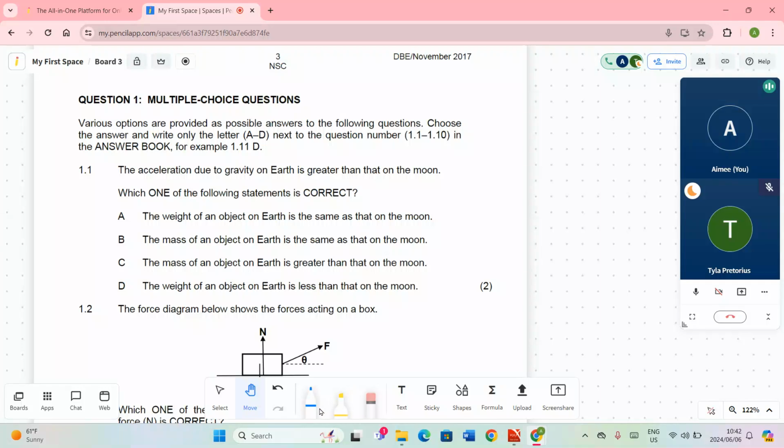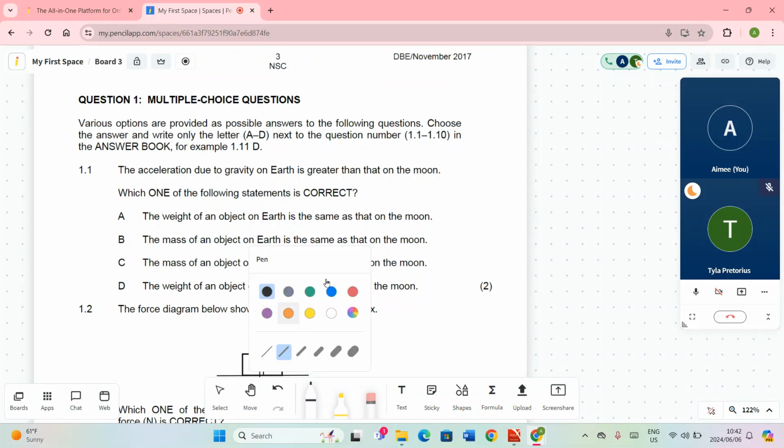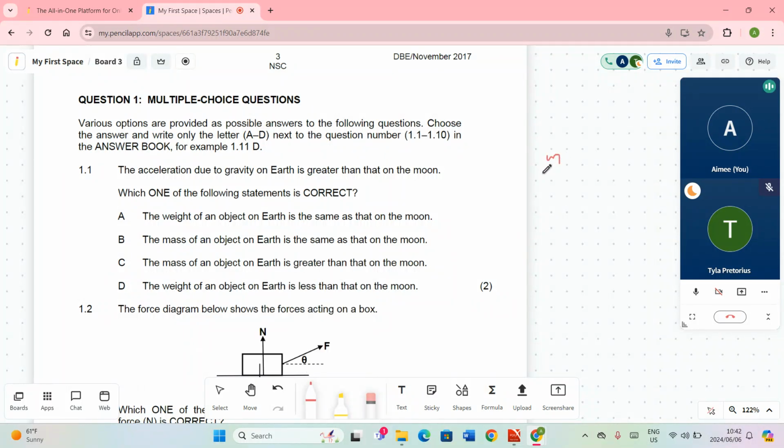So remember, mass is the same everywhere. Your mass is your mass. Your mass doesn't change, okay? And your mass is given in kilograms.